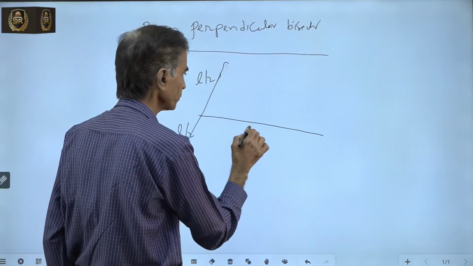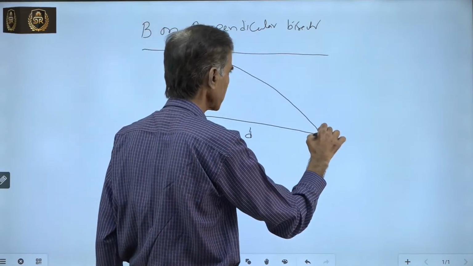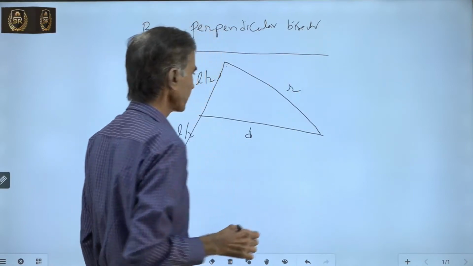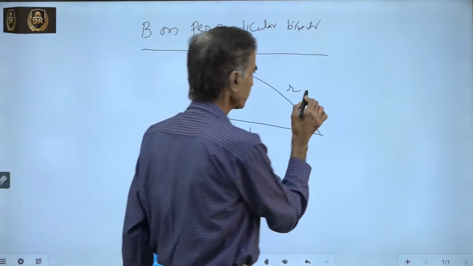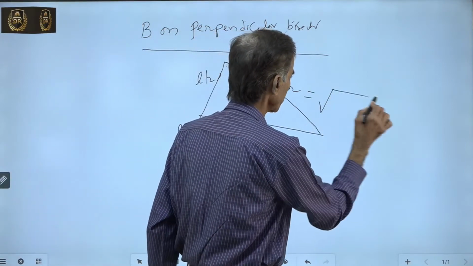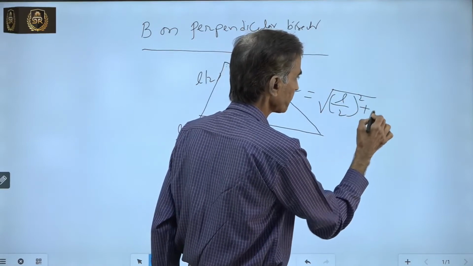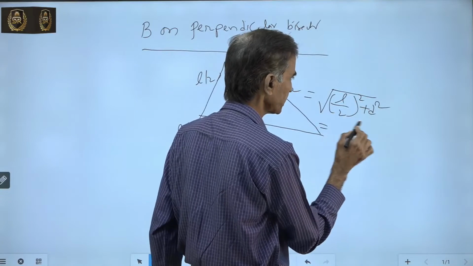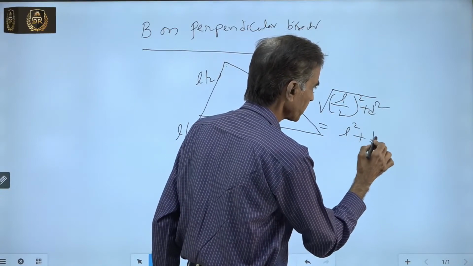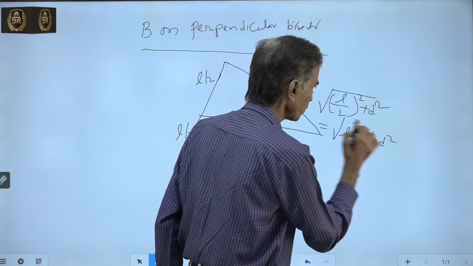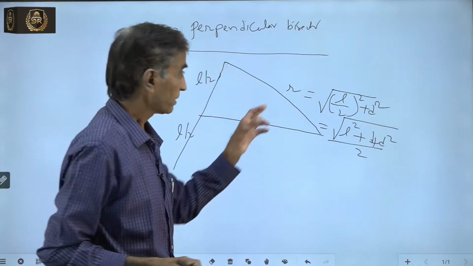This is our d now, isn't it? So, what is our R value now? This is our R value. So, R will become square root of L by 2 whole square plus d square, that is equal to square root of L square plus 4d square divided by 2, isn't it? That is our R value.